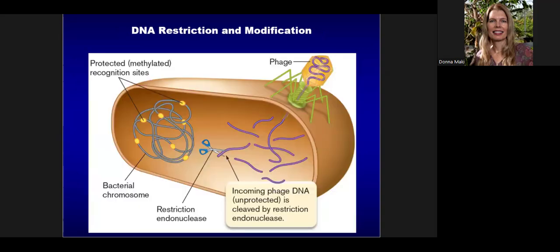And so here they're trying to show the restriction enzyme idea with the scissors. And they're showing this virus trying to get that cell hostage, and they're cutting up all that phage DNA to make it useless. And then here they're using the yellow balls to show methyl groups.